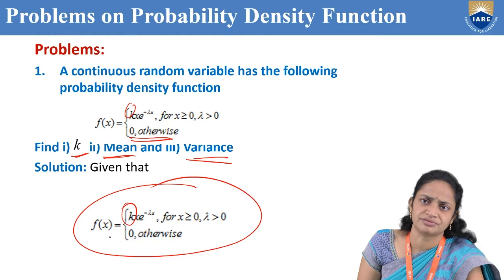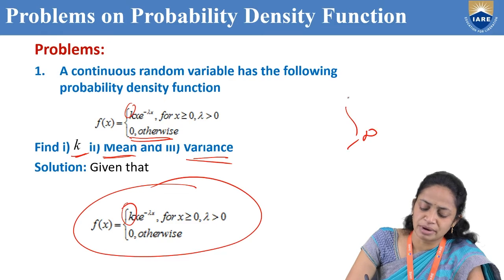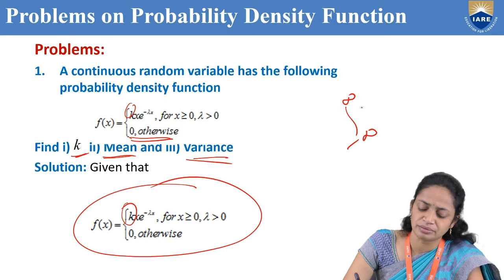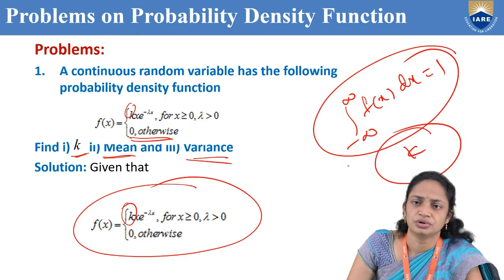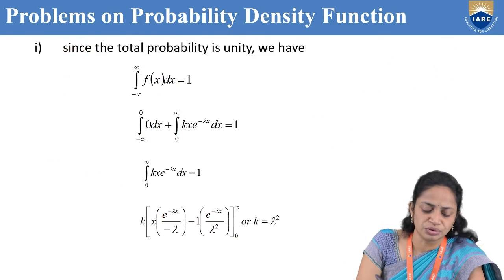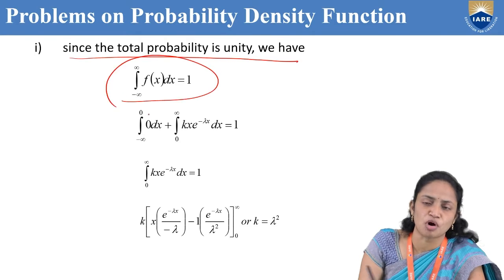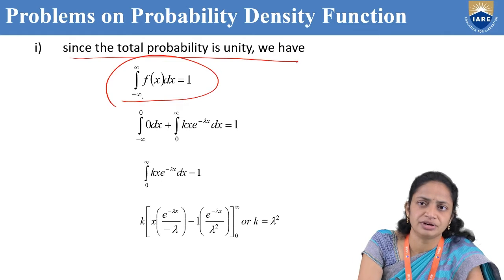We use the second property of probability density function: integration over minus infinity to infinity f of x dx equals 1, since the total probability is unity.